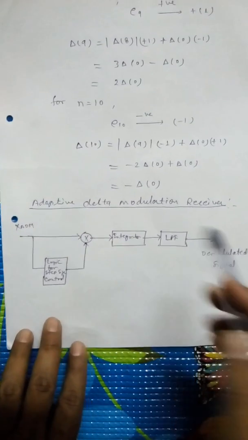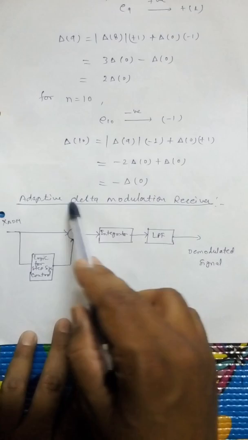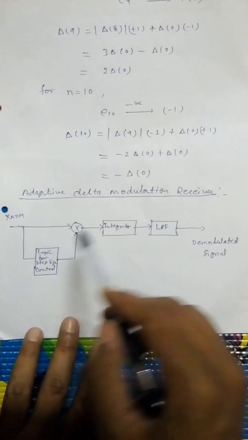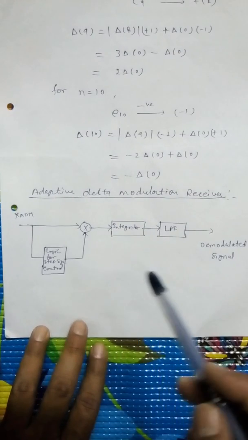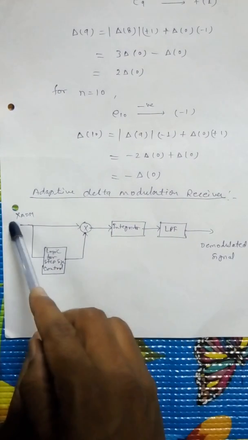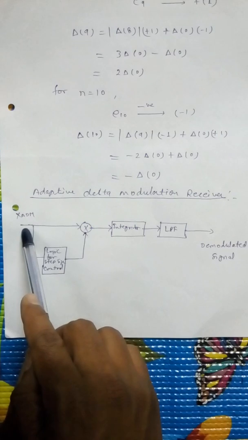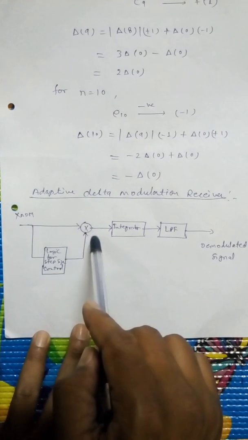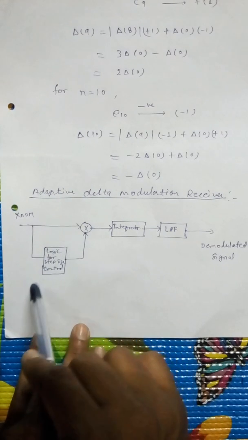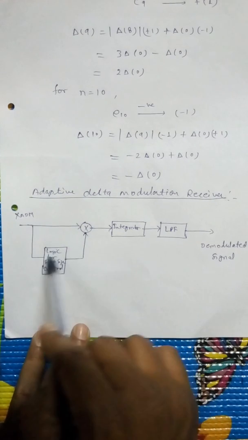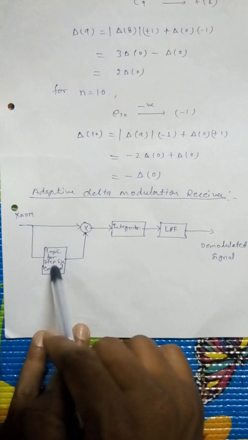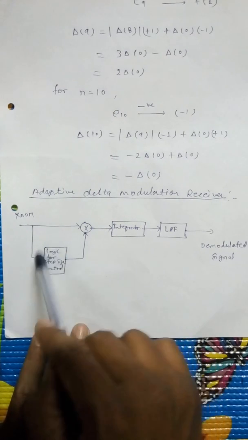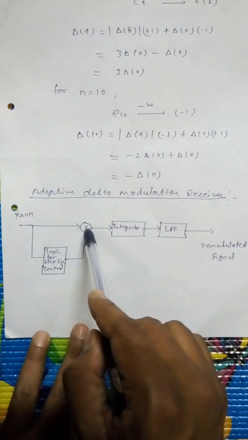Now this is the receiver part of adaptive delta modulation. In the receiver of the adaptive delta modulator, our adaptive delta modulated signal is given to a product modulator.